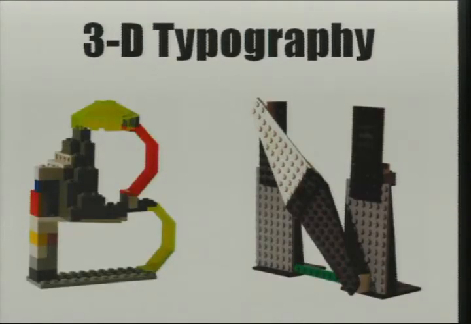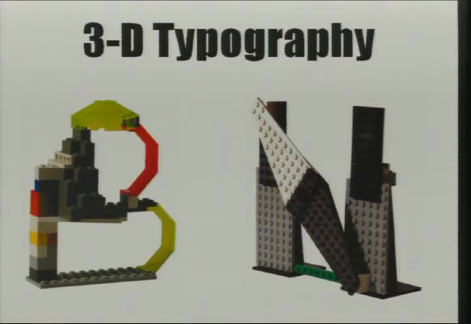This is my 3D typeface, made out of Legos. It was an obvious choice for me because I have so many Legos at home, and I hadn't had any use for them in a long time. With the B and the N, it's not only the way that I built the letters themselves, but again, being a 3D typeface, you have to walk around it and take it in from different views, and that's where shooting it with the camera, as I had to for class, gets really tricky.